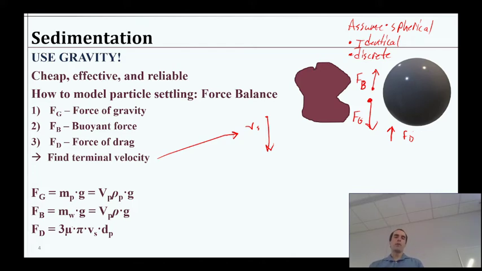And then this drag force is a function of the viscosity and the surface area that's moving through. So we have pi in there, the diameter of the particle. Turns out 3 mu pi times that velocity times the diameter. Not going to worry about that specific derivation; I'm just taking that for granted.